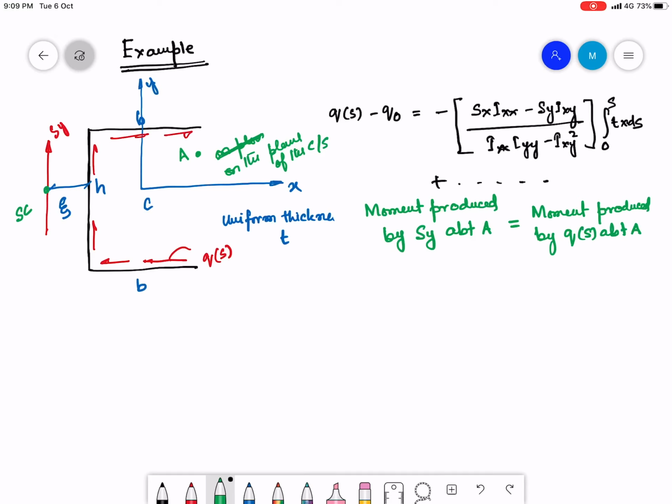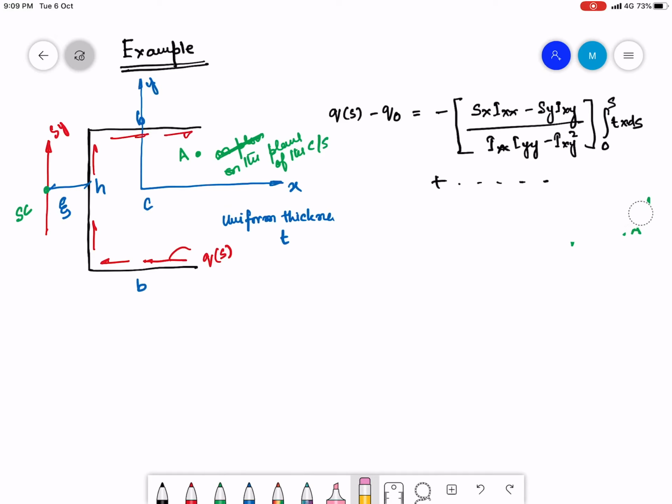Now how am I going to choose A smartly? I have to see where to choose my A. That will vary from cross section to cross section. The motivation remains the same: the minimum calculation to be done to find out the moment about that point. Depending on this motivation, we have to use our understanding of the cross section and choose the point.